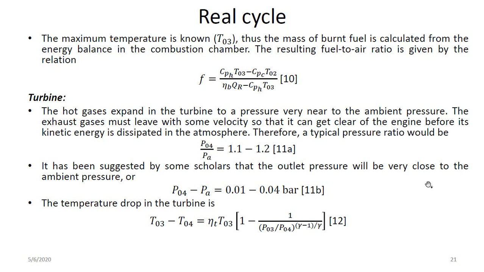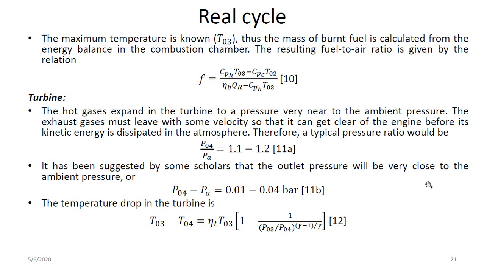Then, since the pressure at exit to the turbine does not expand to atmospheric pressure, it could be slightly higher, and the typical pressure ratio, which is P04 exit the turbine over the ambient pressure, is between 1.1 and 1.2. So this is a typical range.